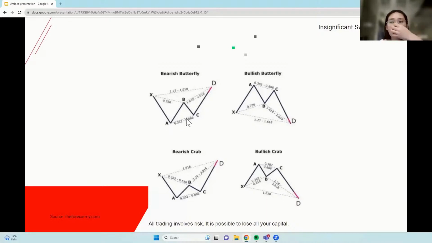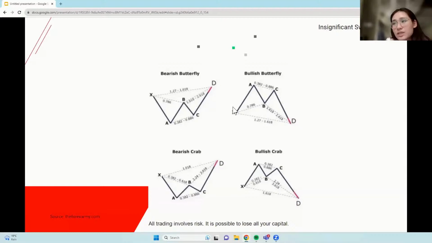The BC has to retrace 38.2 to about 88.6 of the XA as well. CD has to retrace 161.8 to 261.8 of BC. So once again, this is a Nike tick as well, or the Fibonacci extension. Or the CD can also retrace 127 to 161.8 of the XA.